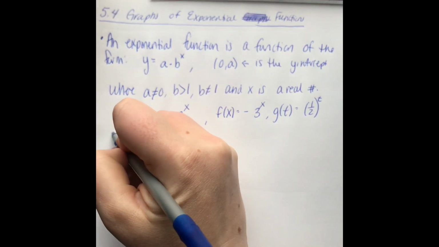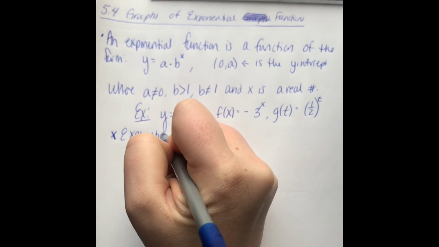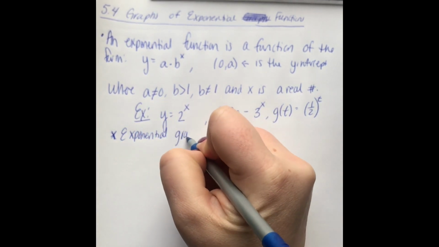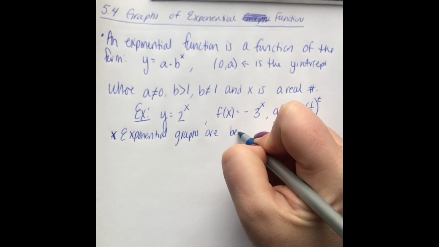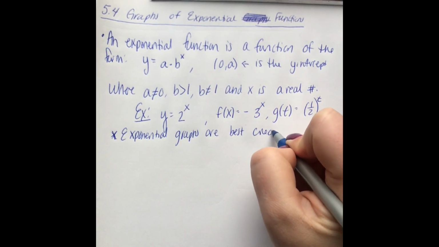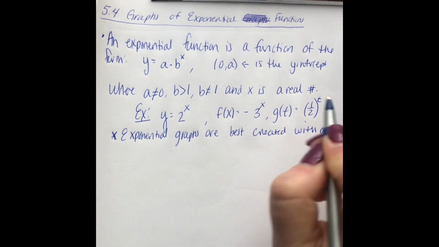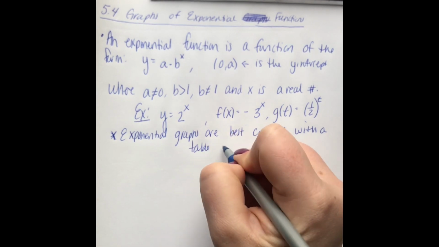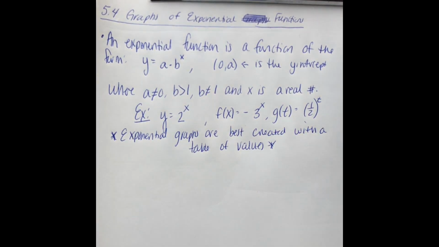So when we do these exponential graphs, they are best created with a table of values. Okay, so exponential function graphs are best created if you use a table of values.